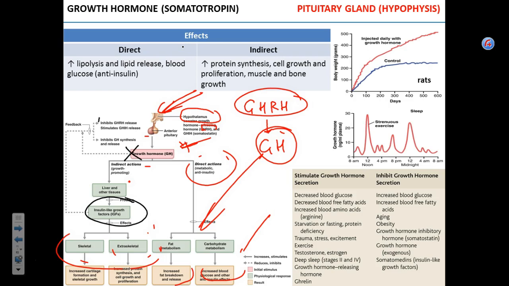They will inhibit growth hormone releasing hormone, but they will stimulate growth hormone inhibiting hormone. Does it make sense?